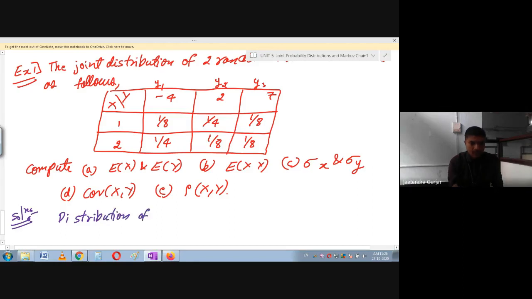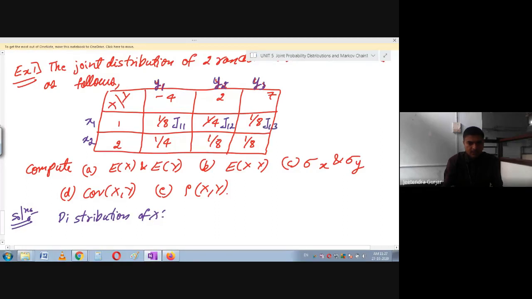Distribution of x. How do you calculate this, students? Very, very simple. I will take this first. This is always y1, this is our y2 and this is our y3. Please remember this is x1 and x2. Please remember this is j11, this is j12, and this is j13.